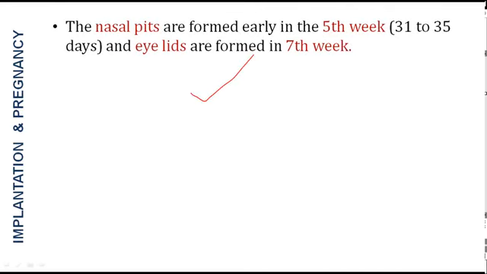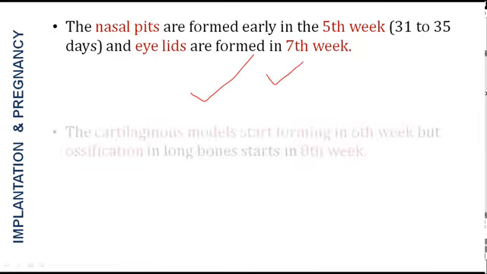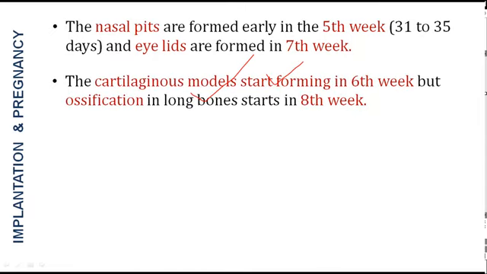Nasal pits are formed in the 5th week and eyelids in the 7th week. Cartilage is formed at first in the 6th week and it is gradually replaced by bone in the 8th week.